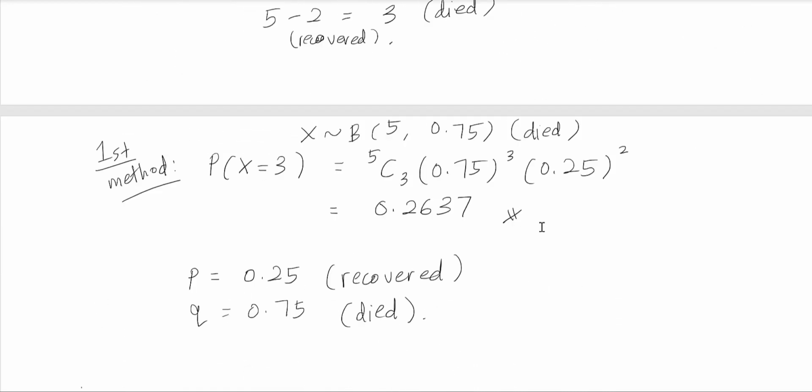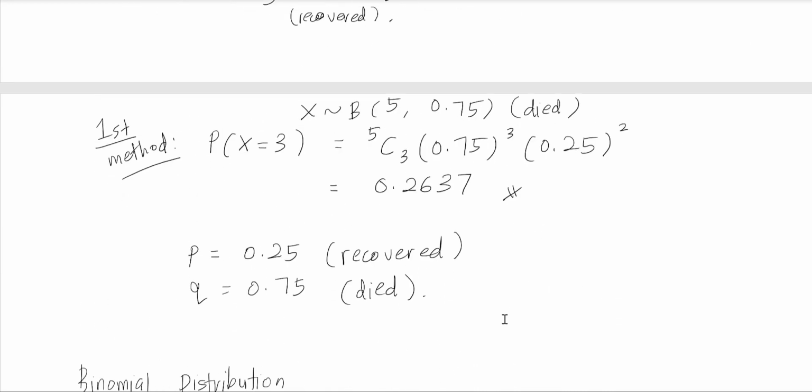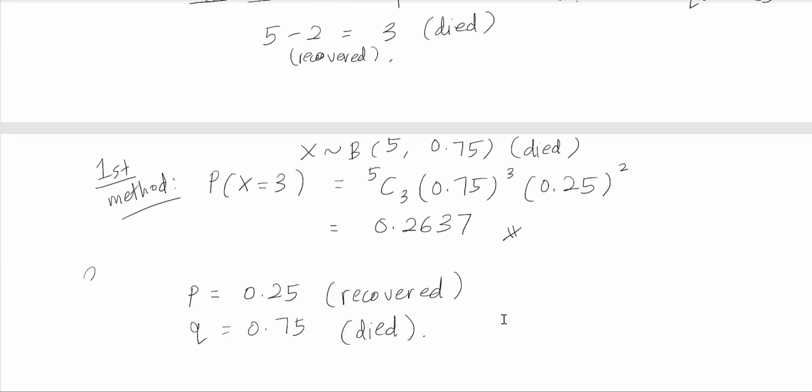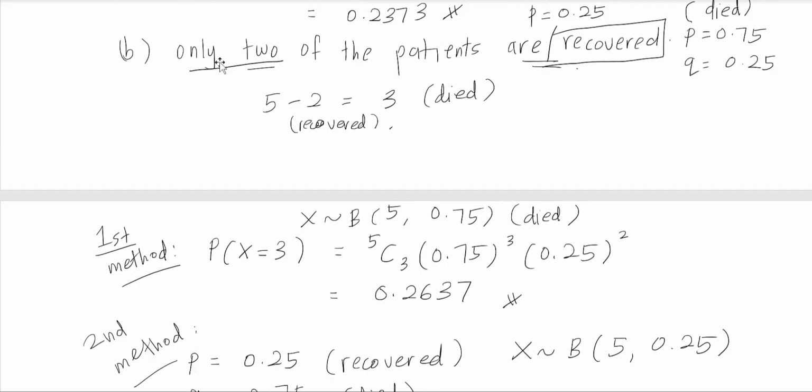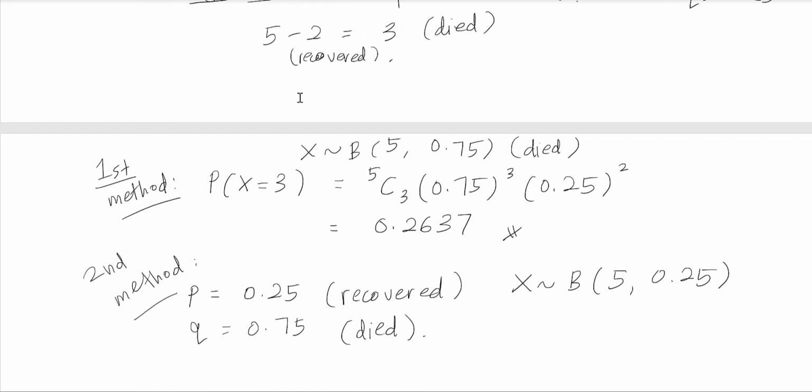So this is our second method, in which our P is 0.25. Our new binomial has n still 5 and P equal to 0.25. The question asks, what is the probability that only 2 of the patients recovered? So P is for recovered, that means our X is equal to 2.